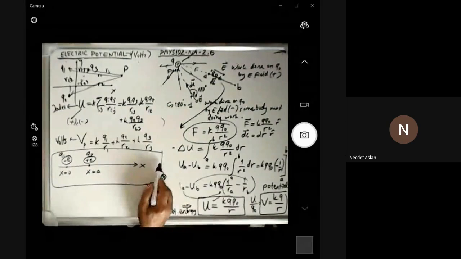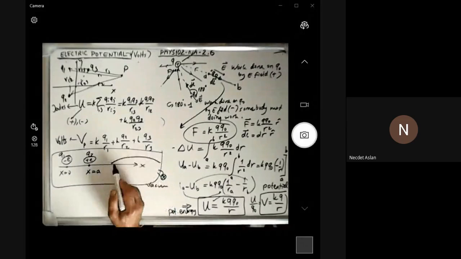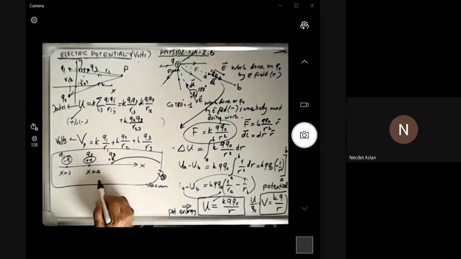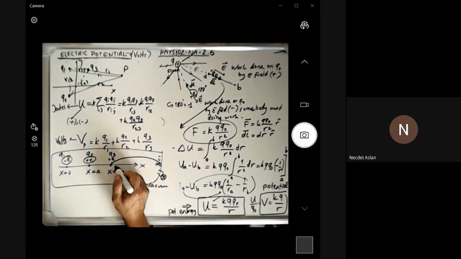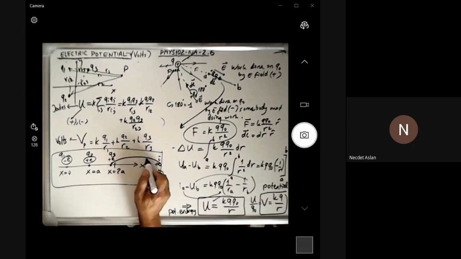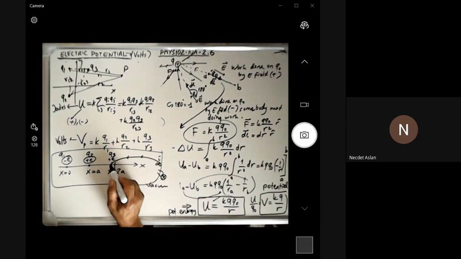So from very far away places, you bring another charge, Q3, which is also another positron, here at x equals 2a. So it's coming from very far away. This is initial, and this is final for this positron. It is being brought from this point to that point.